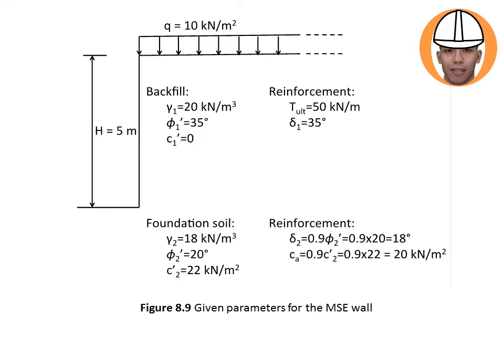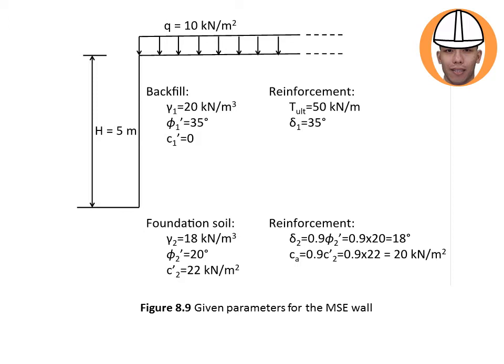Okay, so some of the given parameters for the MSE wall, we have the surcharge Q. So these are the load on the top of the backfill, the properties of the backfill: unit weight, angle of friction, cohesion.